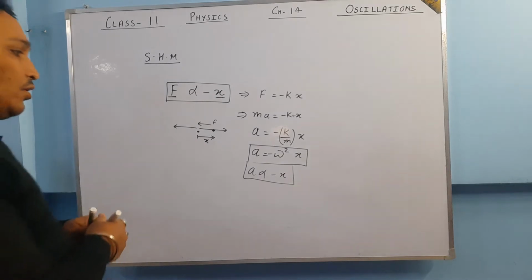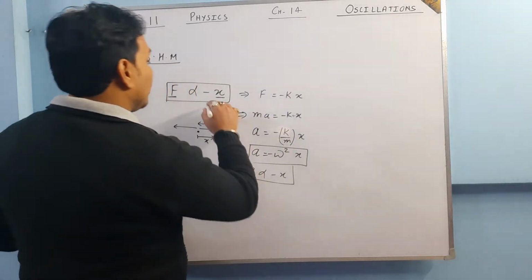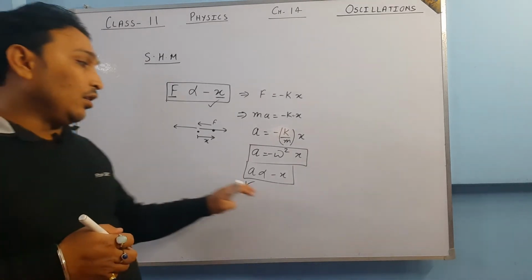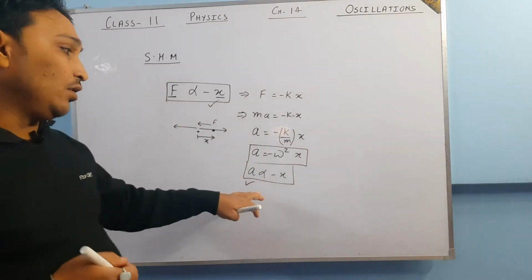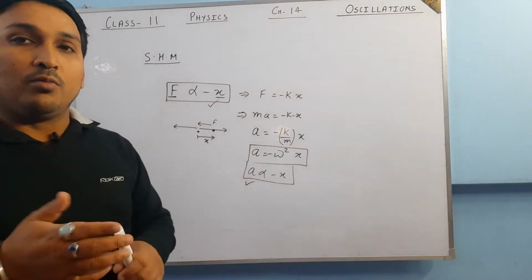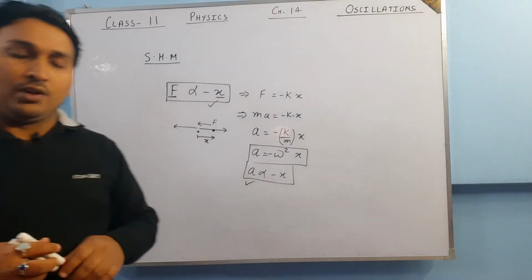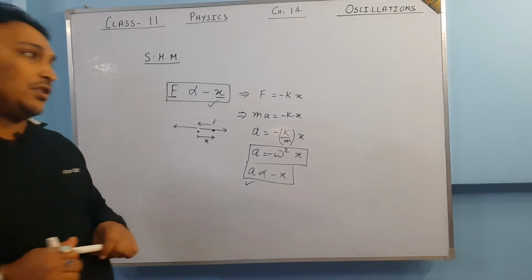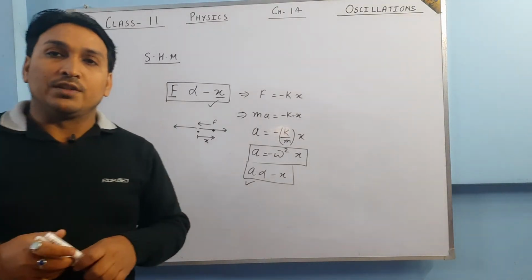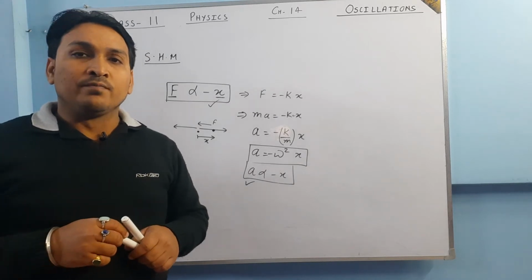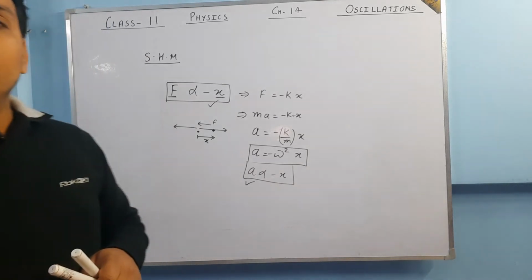So if we prove that a body is moving under either of these conditions, then we can say the body is executing SHM. Till here we have done in the last video lecture. Today we are going to discuss the differential equation of SHM, the equation which represents SHM. So let us move to that topic.